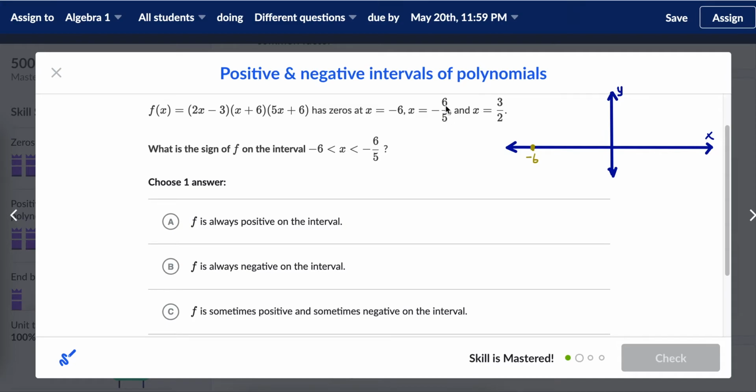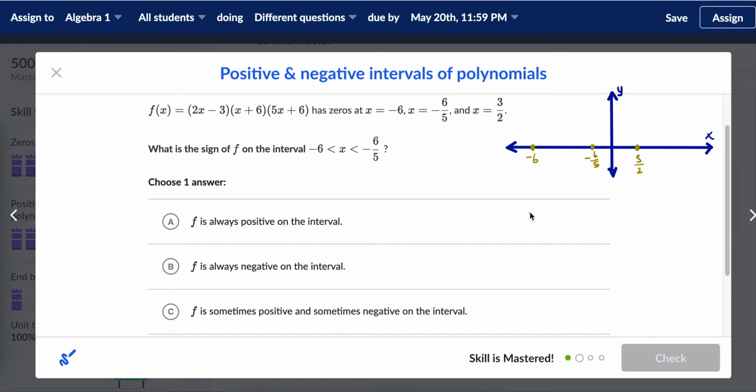We've got a 0 at negative 6 over 5. So that's a little bit over 1, so it's going to be closer to about here. Okay, so I'm going to say that's negative 6 over 5. And then we've got a 0 at 3 over 2, which is about 1.5, so roughly about here, 3 over 2.